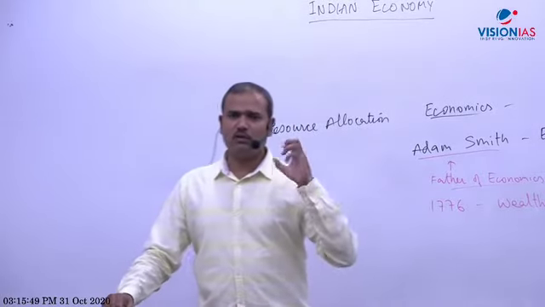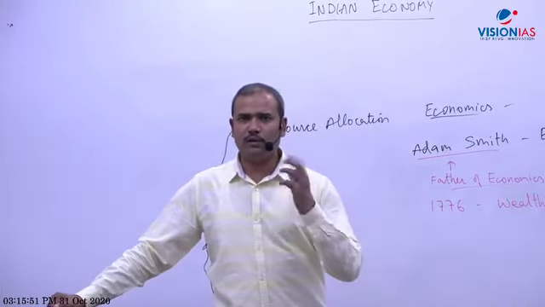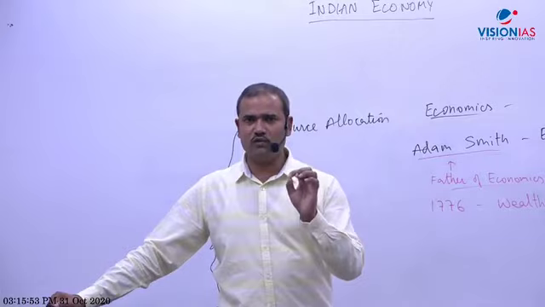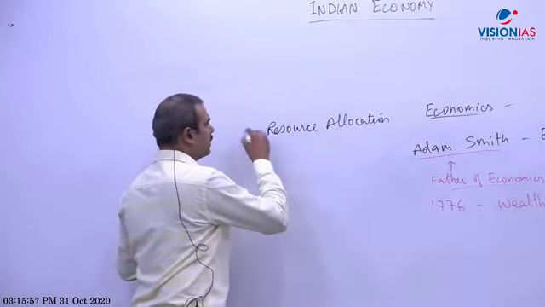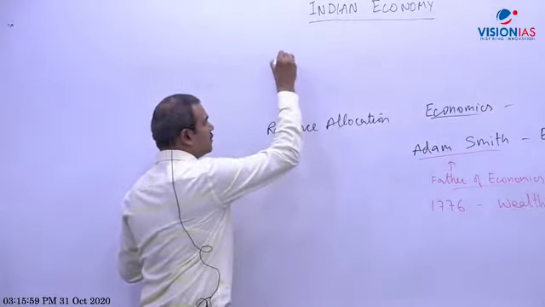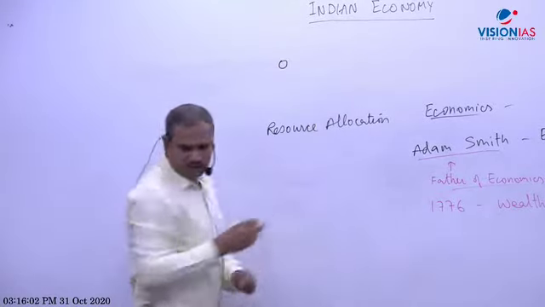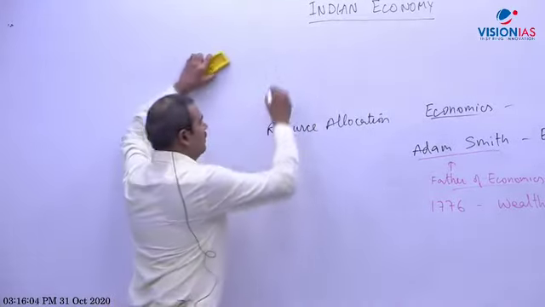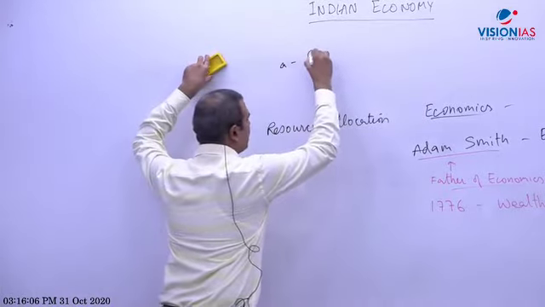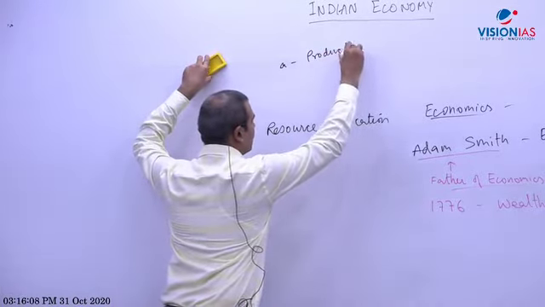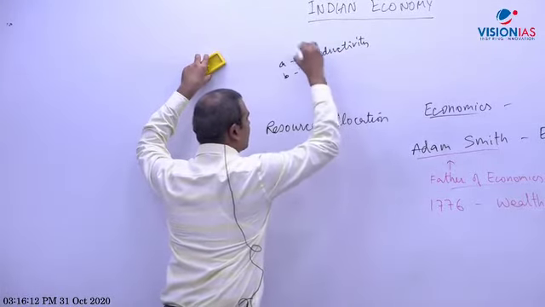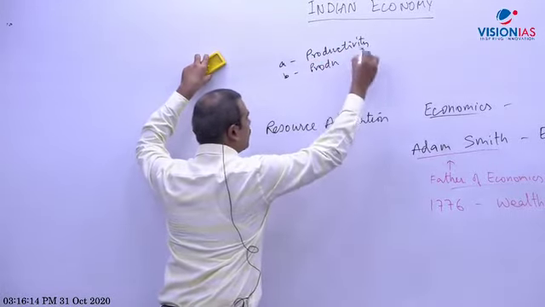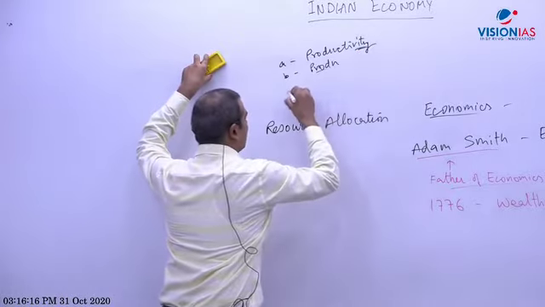What is the meaning of optimal? Which one do you think is optimal use? The resource use which will maximize which one? I'll give you options. A option, maximize productivity. B option, maximize production. Productivity and this is production.